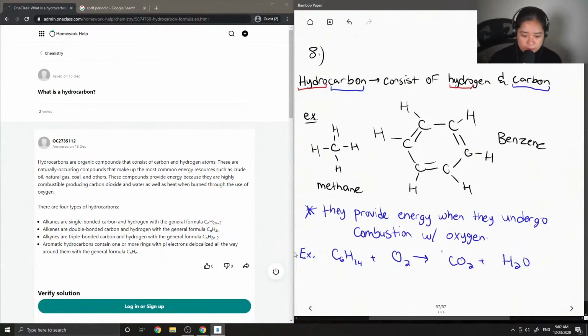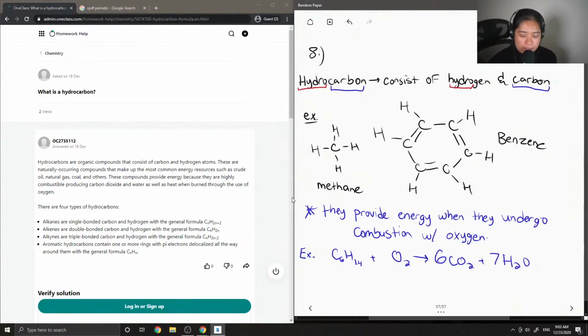I'll put 6 in front of CO2 to balance out the carbons. And then next, I'll balance out my hydrogens. So there are 14 hydrogens in our reactant side, so I'm going to put a coefficient of 7 in front of H2O. And lastly, we can balance out our oxygen.